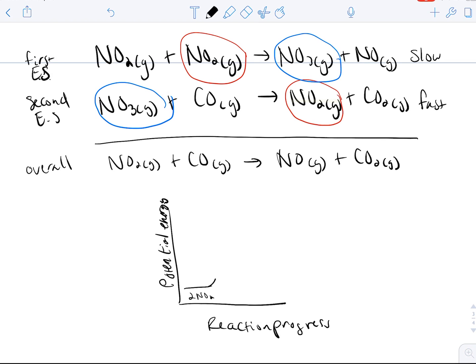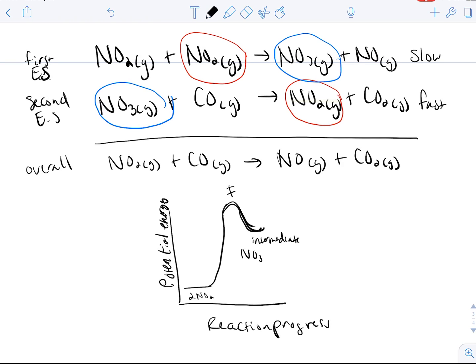And then we get up to what's called a transition state. And then we produce our first intermediate, which in this case is NO3 and NO. Okay? Or actually, I lied. It's just NO3.